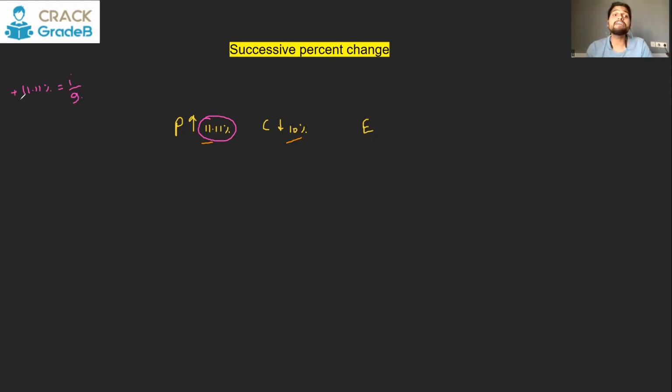So if there is an increase of 11.11%, that means 9 is becoming 10. 9 is increased by 1 and it's becoming 10. So you can start your question considering the price as 9 rupees. So 9's 11.11% is 1, so if it is increasing by 11.11%, it is now going to become 10.